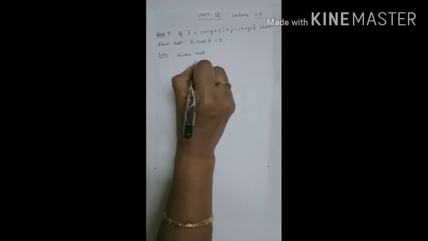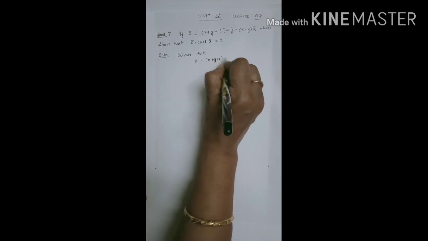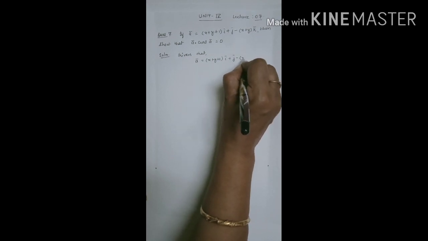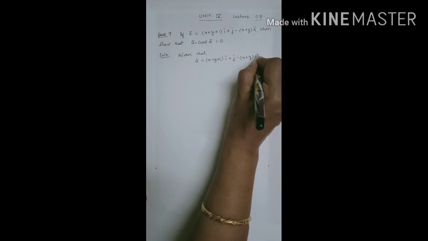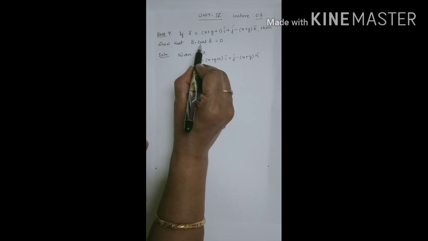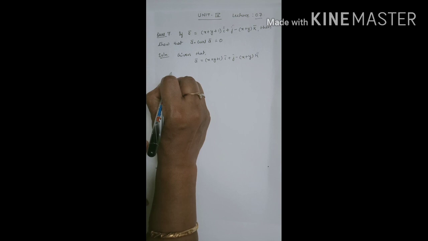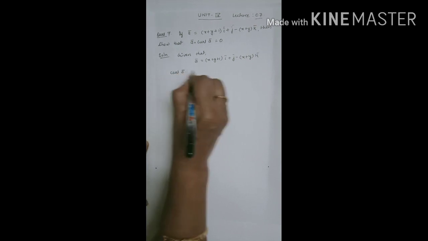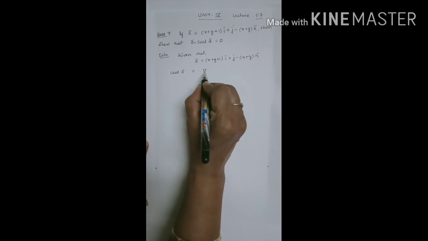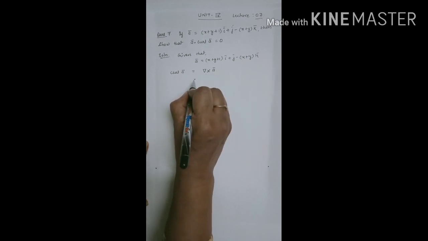Given that your vector A equals (x plus y plus 1) i plus j minus (x plus y) times k, right? So to find A dot curl A, first we have to find the curl of A. So let's find curl of vector A, which means cross product of vector operator with this vector A. So how do we find it?